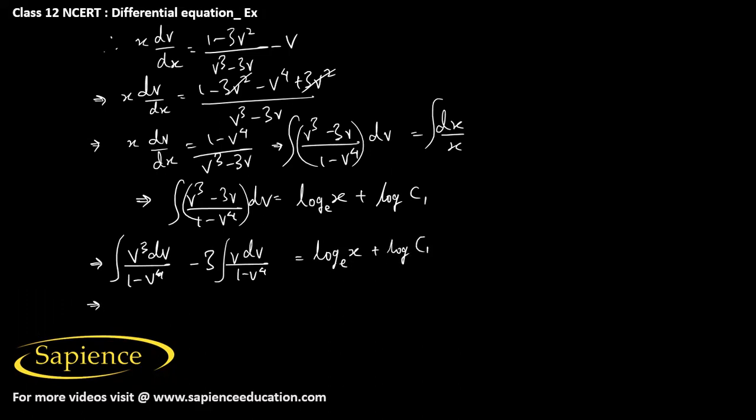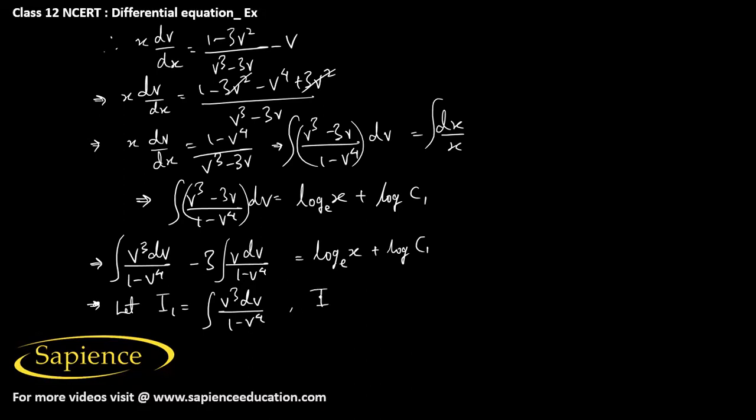Then let us suppose I take this integral as I1. So I1 will be the integral of v³ dv/(1 − v⁴).